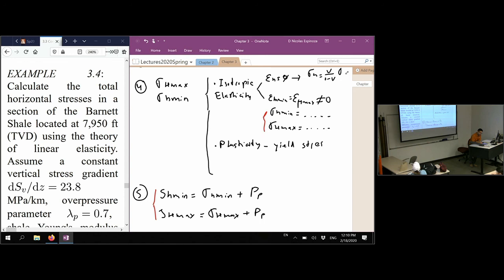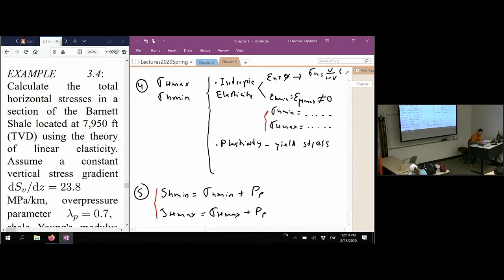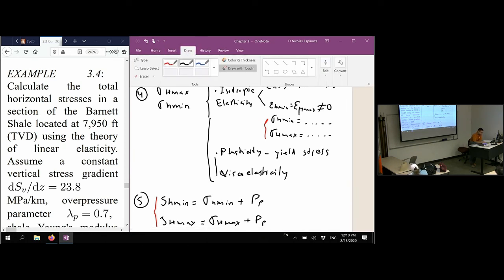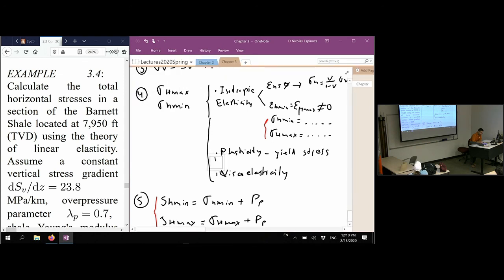And there is another method to calculate this stress that is also related to viscoelasticity, and considers what happens with the rock when stresses get released after a long time. But for now, don't worry about that. You just have to do what I mentioned before.